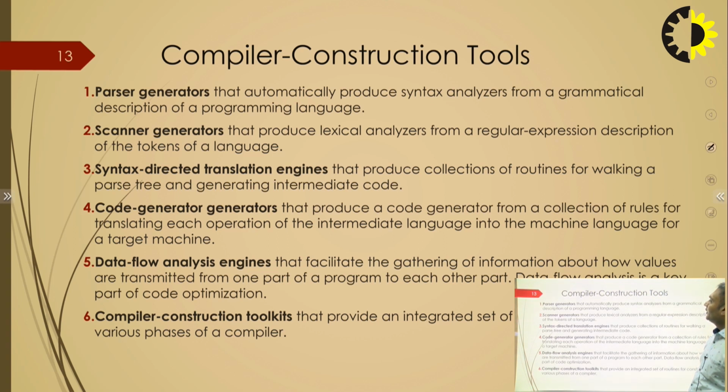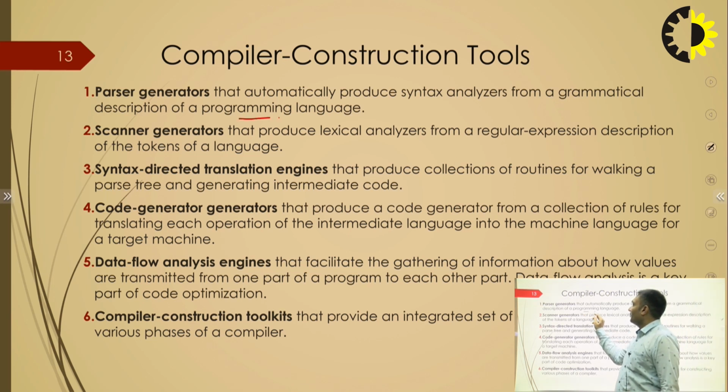Now let's see compiler construction tools. There are some tools available to cut short the work of different phases of the compiler, or we can say the individual phases of the compiler can work independently with these tools. Like the parser generator, a tool that automatically produces the syntax analyzer from the grammatical description of the programming language.